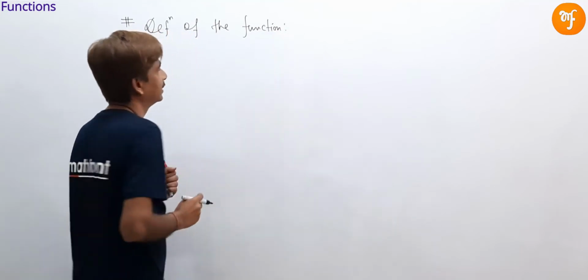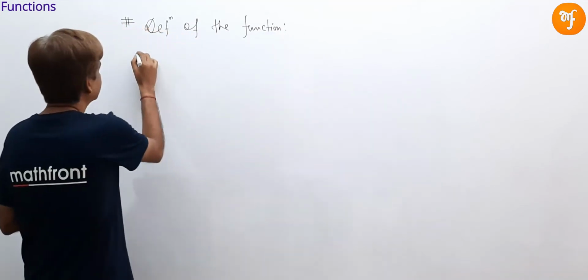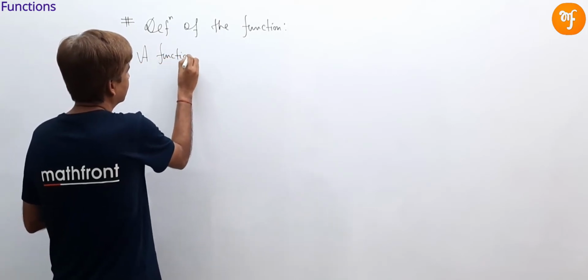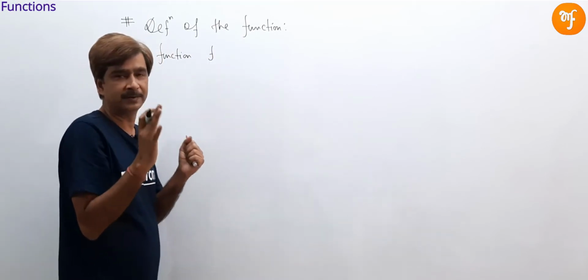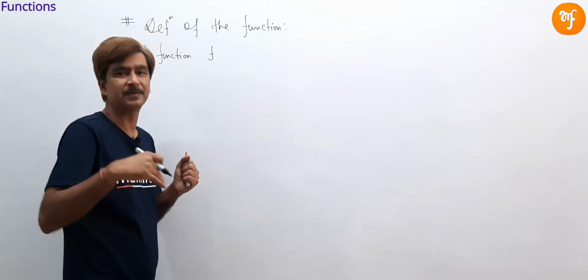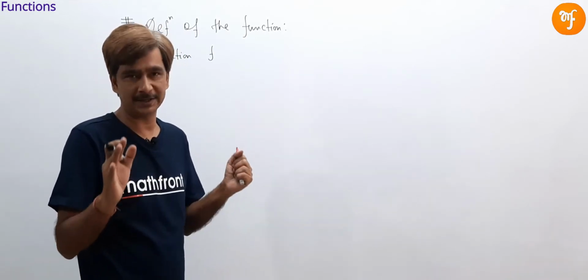Okay, so please write a function f. So we gave the name of the function is f. So what is f? f is basically a relation between two non-empty set or non-void set.